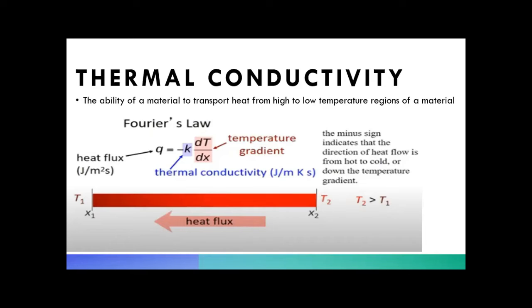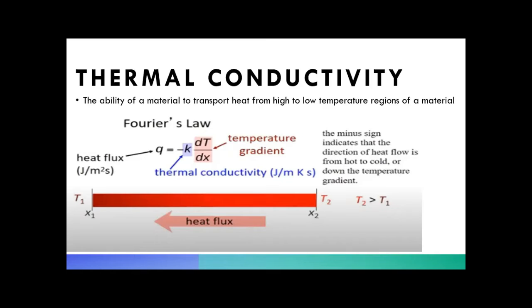So thermal conductivity is a property that characterizes the thermal conduction process. It can be defined in terms of this expression: q equals negative k dT over dx, also known as Fourier's law.